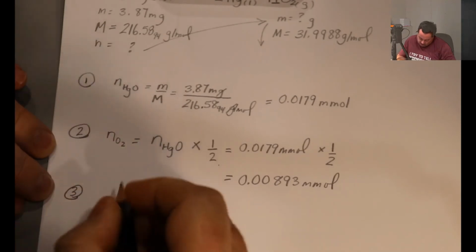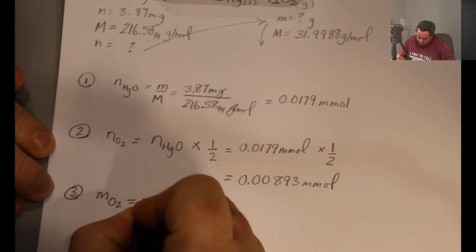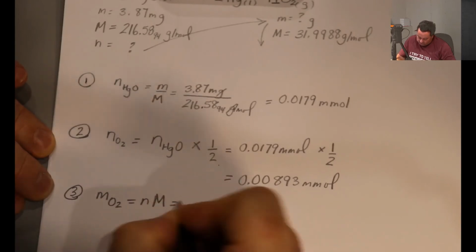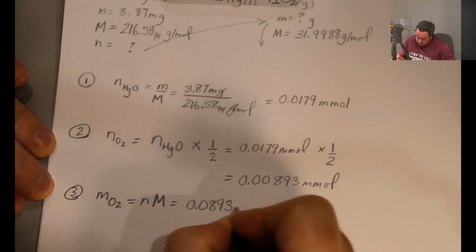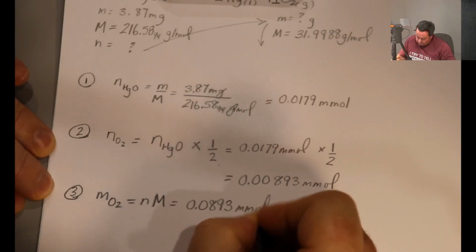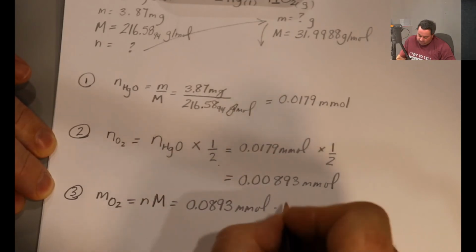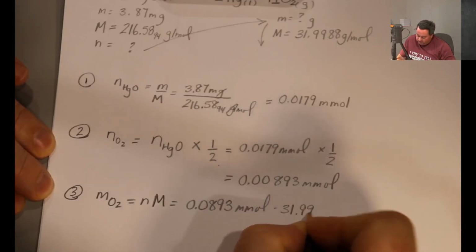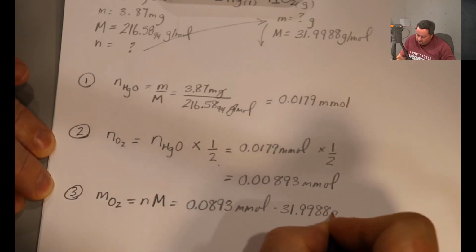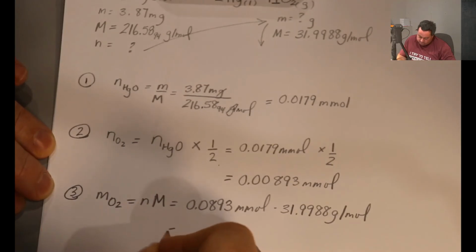In step 3, I need to work out a mass of O2 from its number of moles and molar mass. 0.00893 millimoles times the molar mass, 31.9988 grams per mole.